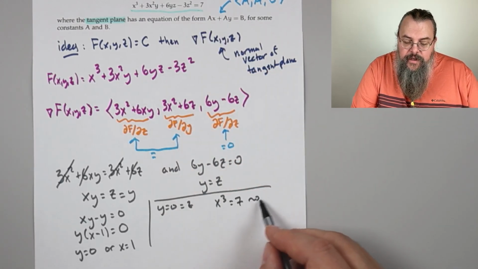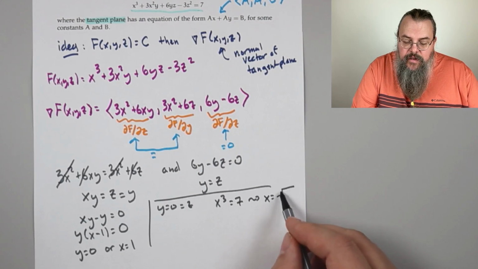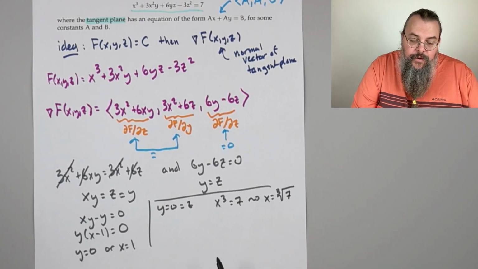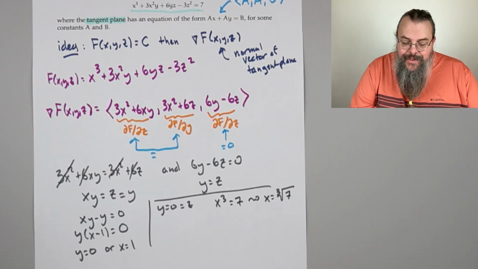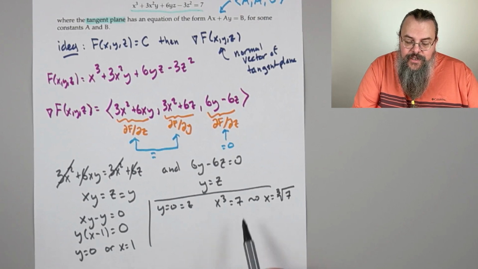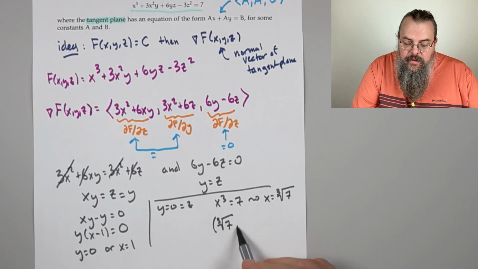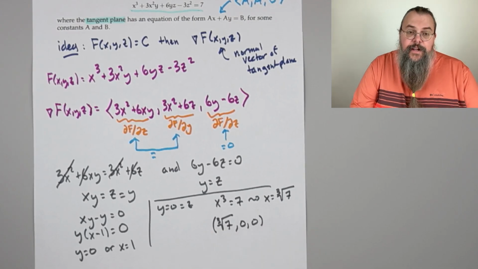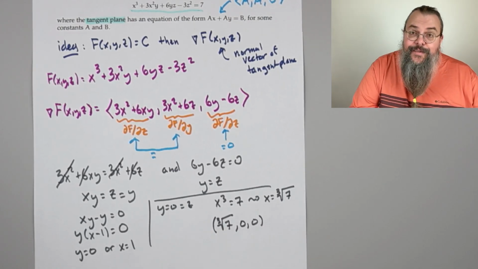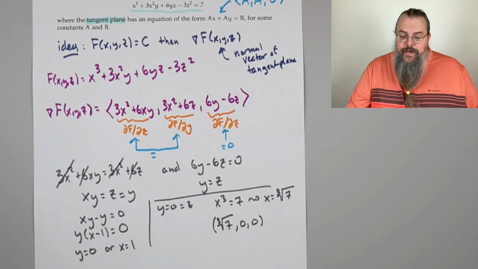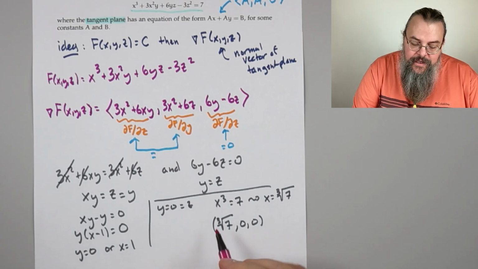Well, all right, that says x has to be the cube root of 7. So the point that we're after, the only solution, would be (cube root of 7, 0, 0). All right, now that's the only solution for the case y equals 0. But all right, we found a point. Cool.